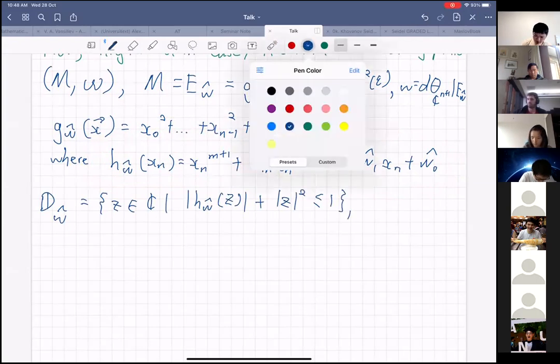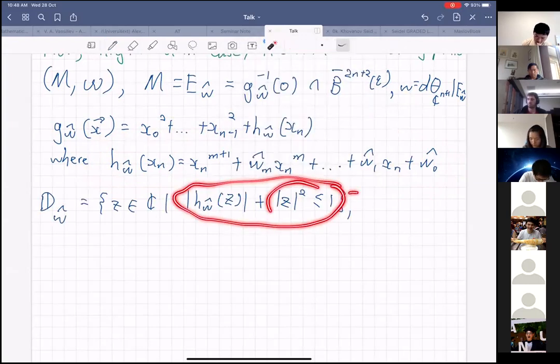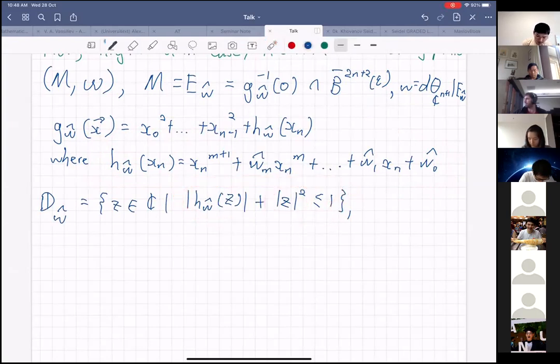You take this polynomial and fill all the points in. I think I need the square here, not sure, but never mind.